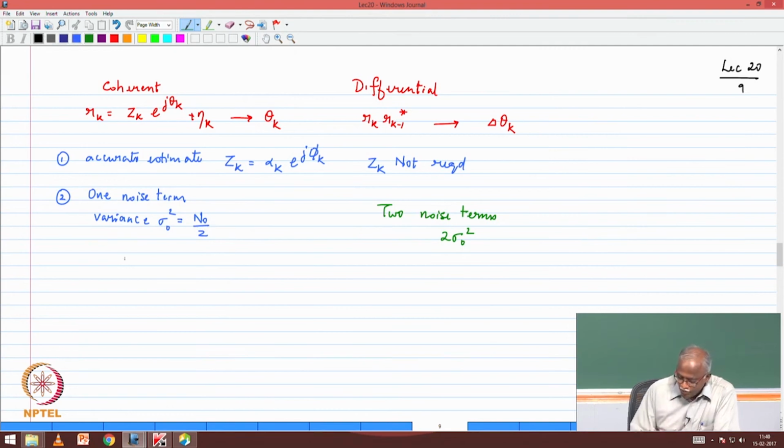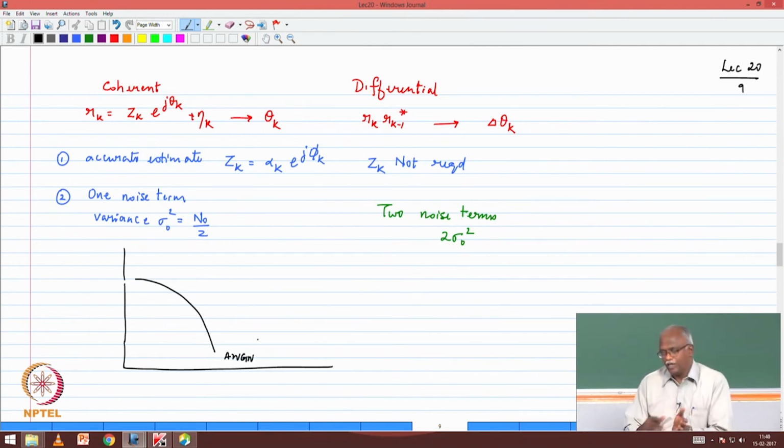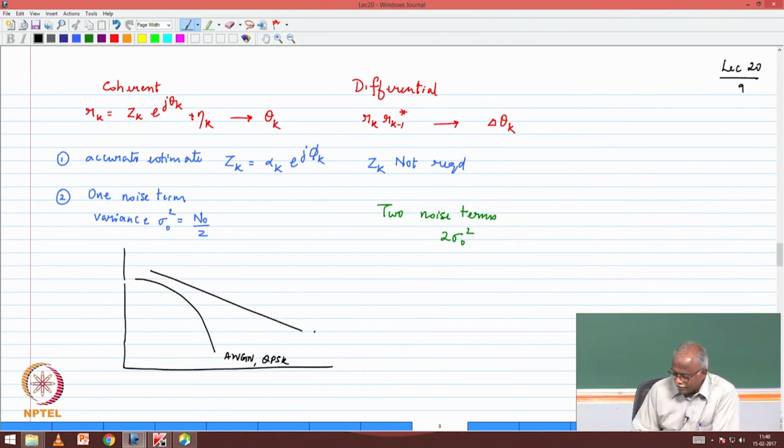Okay, so given that these two are the issues, here is the understanding of the performance. Again, we have not yet derived the analytical expressions, but I'll give you something. So this is the AWGN performance of BPSK, and this is the AWGN performance of QPSK. Let's compare it. Now QPSK in fading, that is the graph.